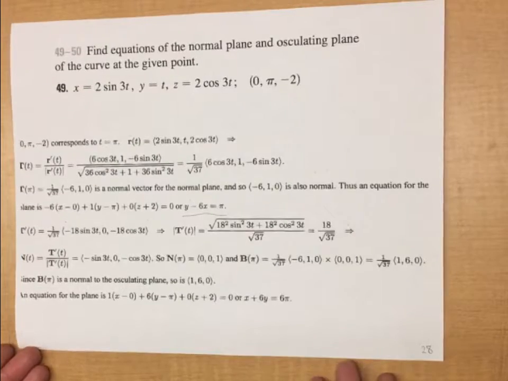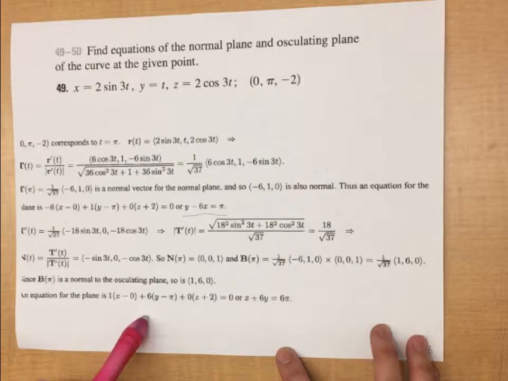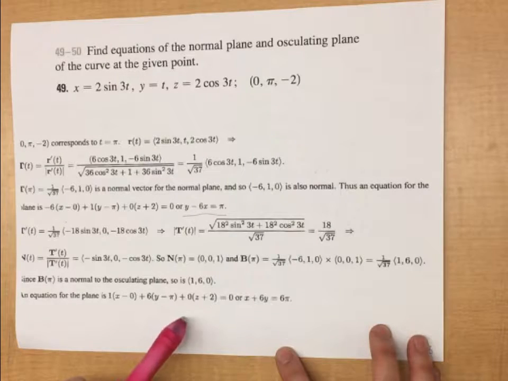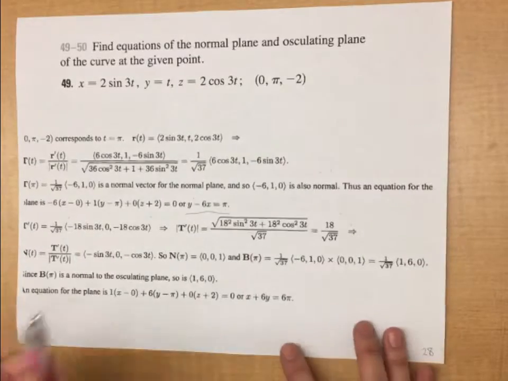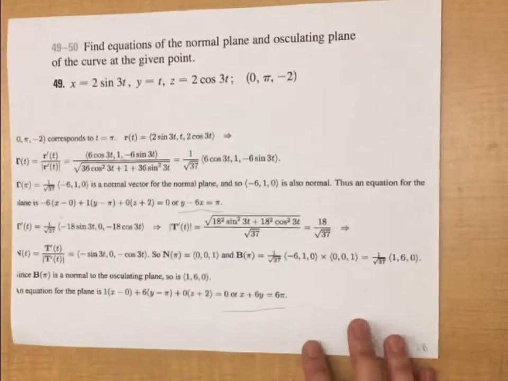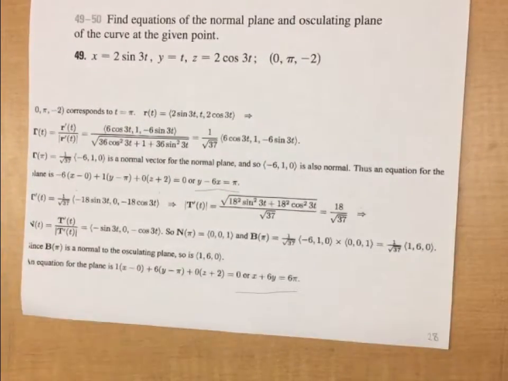And so an equation for the plane is 1 times (x minus 0) plus 6(y minus pi) plus 0 times (z plus 2) equals 0. Or to simplify that again, we get x plus 6y equals 6 pi.